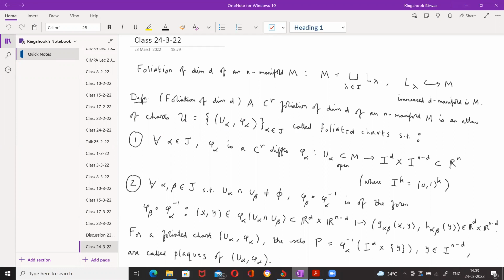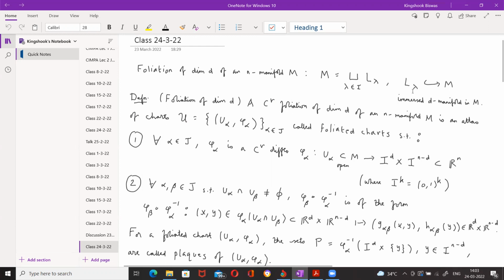So it's a decomposition into leaves. Well, let me say what it is informally first. A foliation of dimension d of an n-manifold M is, informally, writing M as a disjoint union of what are called leaves L_lambda, where each L_lambda is an immersed d-manifold in M. So it's not embedded, it's immersed.